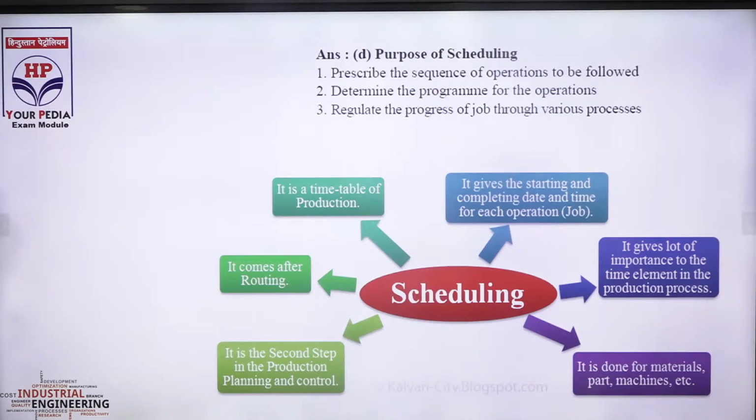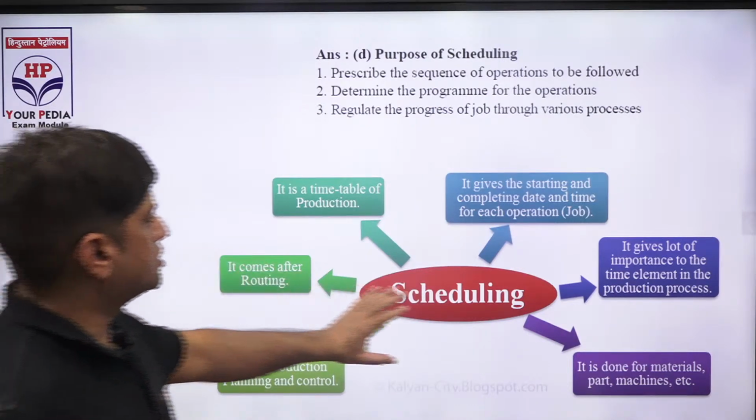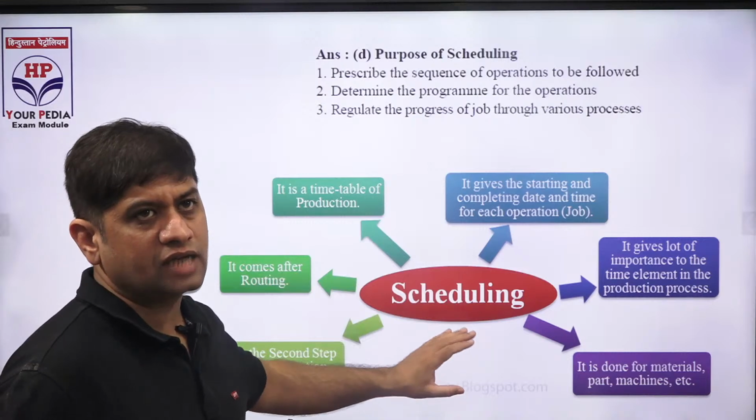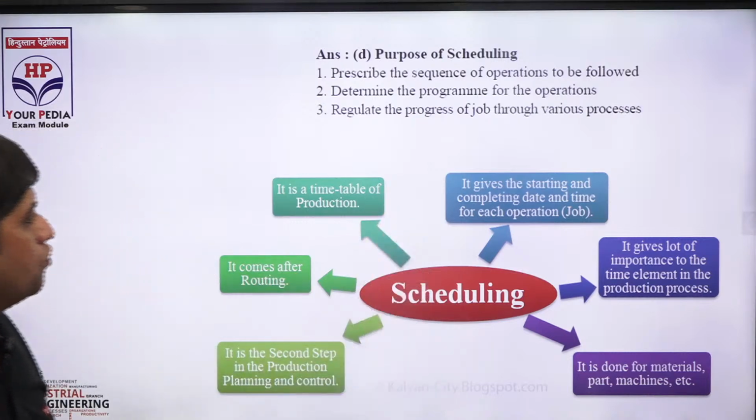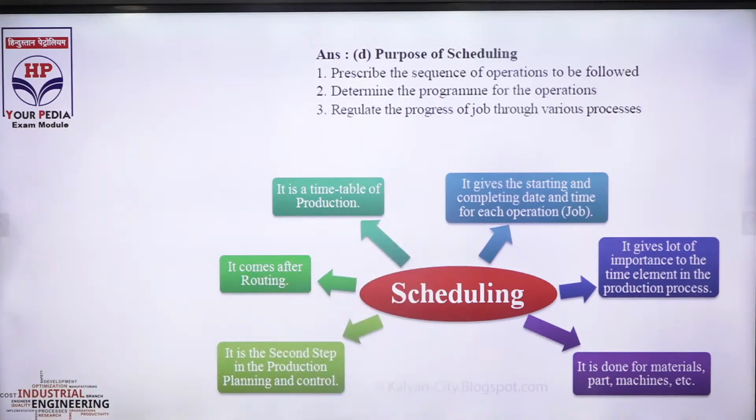So this is basically a timetable for production. What production should be there? It is a timetable for that particular production. What should be the timetable? Starting and completion dates are provided for each operation. A lot of importance is given to the time element, material, machines, and it comes after routing. We have seen production planning and control.